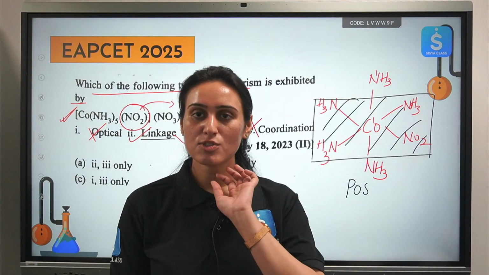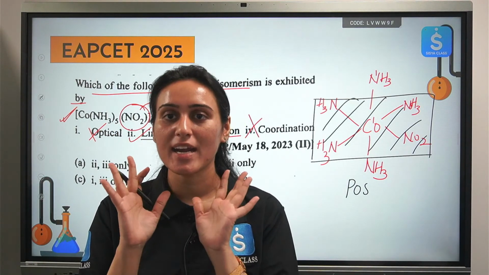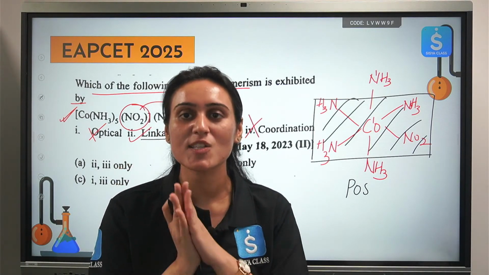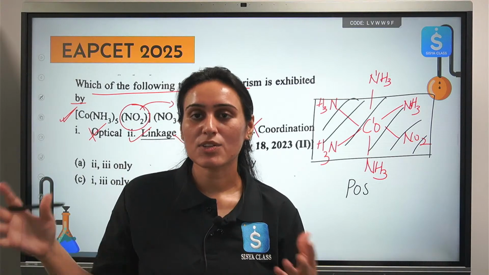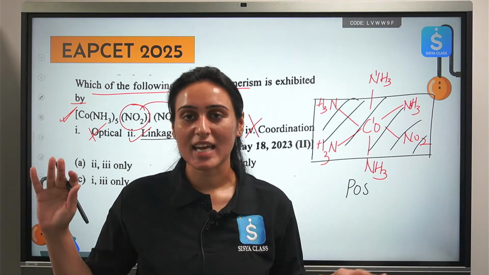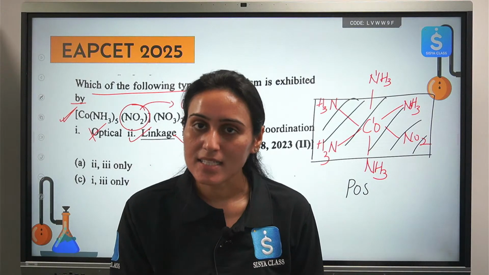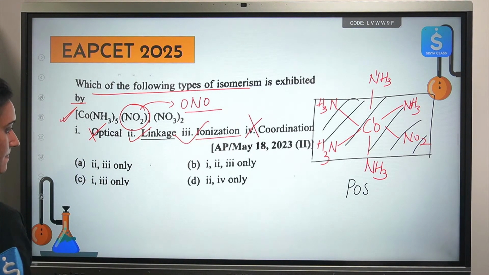Why? In order to show coordination isomerism, I should have a positively charged and a negatively charged coordination sphere. I have only one coordination sphere here. Obviously, there will be no rearrangement of ligands between the 2 coordination spheres. So, coordination isomerism is also absent. So, your correct answer here will be second and third only.